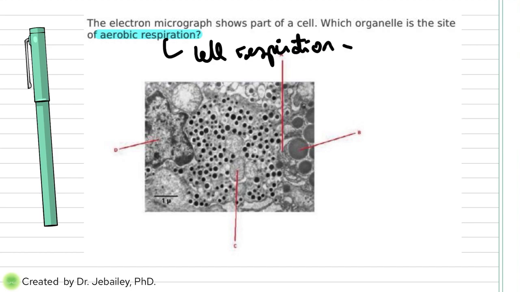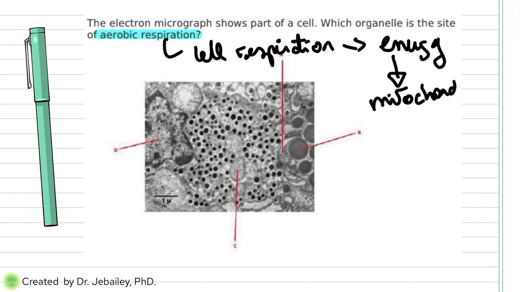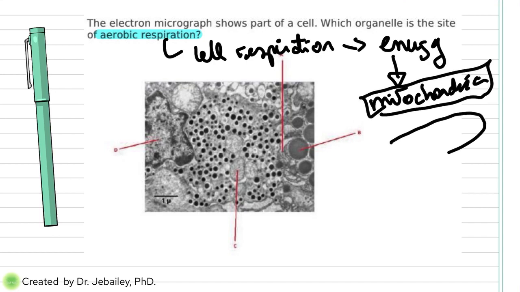And cell respiration means you basically are dealing with energy, metabolism. And who does the energy metabolism? Mitochondria. So what are you looking for here? You're looking for mitochondria. And what a mitochondria usually looks like in a drawing, it will look like this with this little thing. So you see more of an elliptical shape, right?